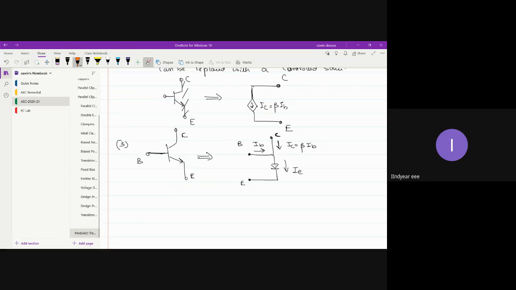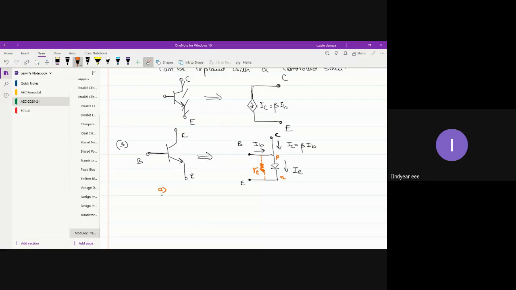And also we had seen that the PN junction diode, this is your P layer and this is your N layer. So P and N layer can be replaced with a resistance RE, right?